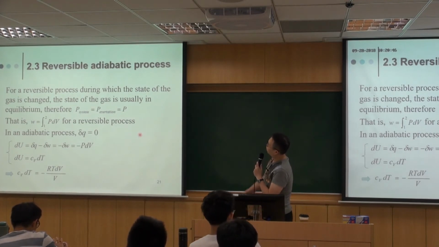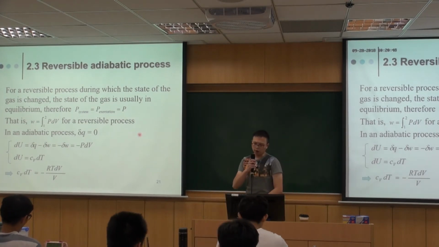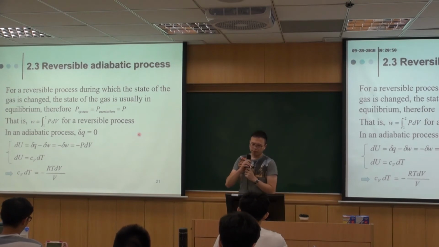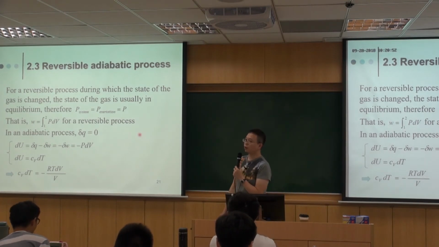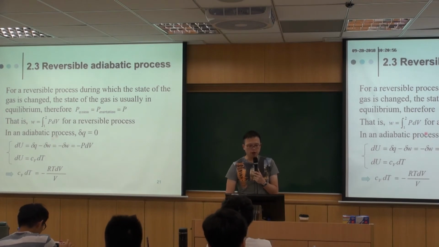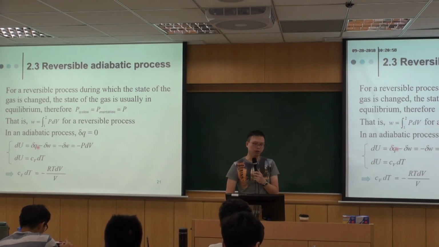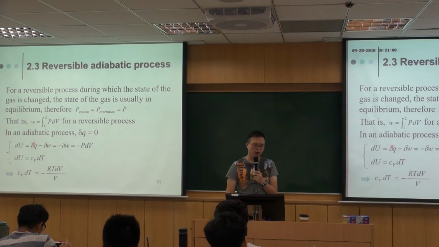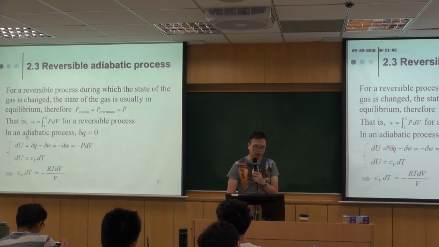So we saw that for a reversible adiabatic process, delta Q is 0. Okay, so based on the first law, this is pretty straightforward, right? Because delta Q is 0, the change of internal energy is just the change of the work with a minus sign.